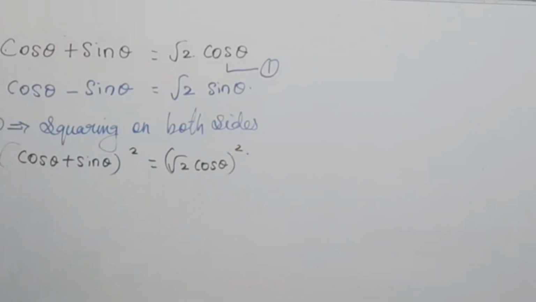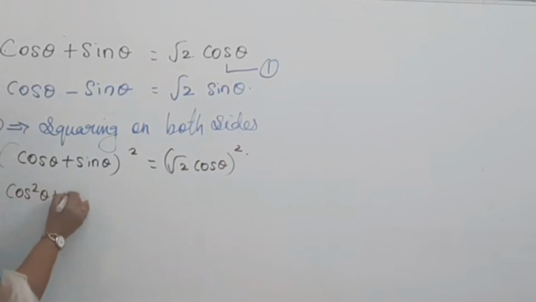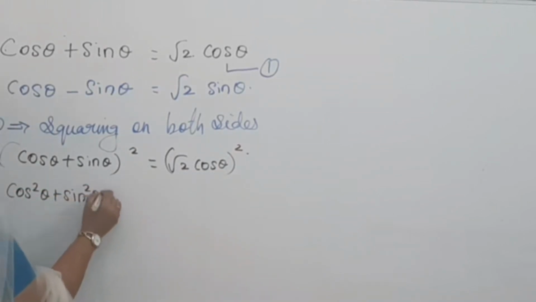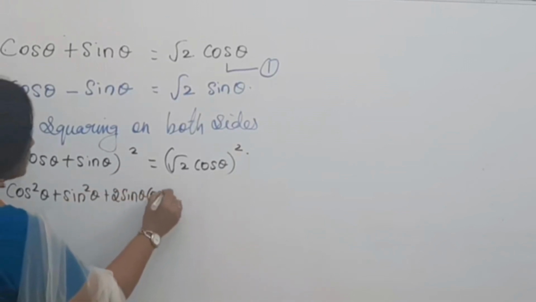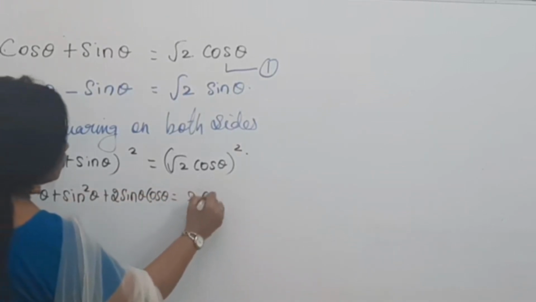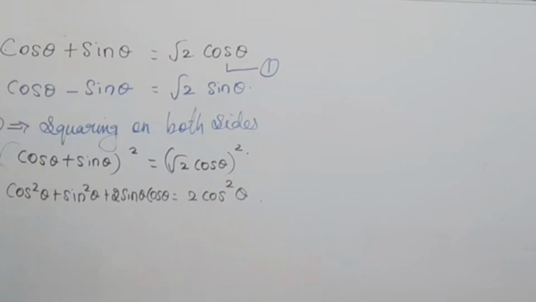Hope you get this point. Now I am going to expand: cos square theta plus sin square theta plus 2 sin theta cos theta is equal to 2 cos square theta. Hope you get this point.